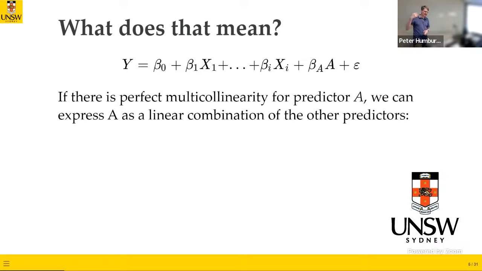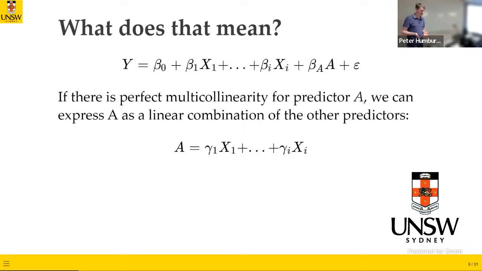And now say there is multicollinearity between A and the other predictors. Specifically, to start out with, let's say that there's perfect collinearity, right? That means that we can just express A as a linear combination of the other predictors.